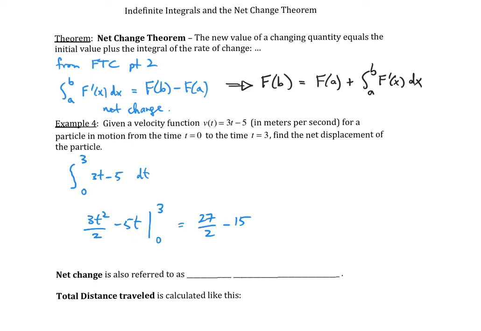That's the first term, and when we substitute in 0, we get 0 minus 0. When we simplify all of this, we get negative 3 over 2 meters. And let me highlight that answer right here.